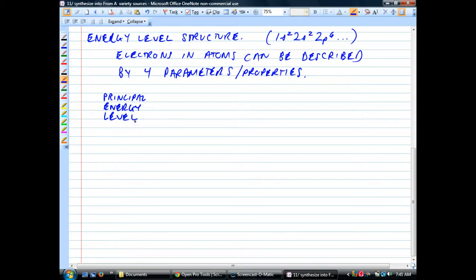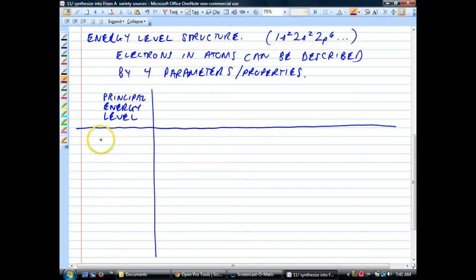The principal energy level is basically this idea here. So let's put a line here. We're going to make this a table. This is the Bohr model energy levels, essentially.